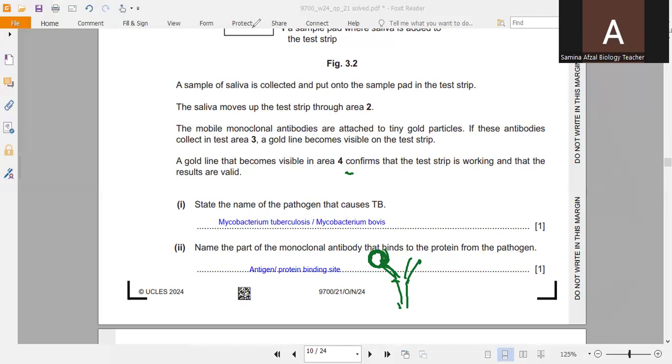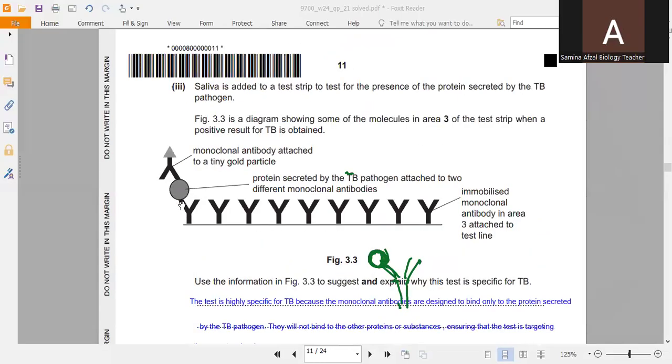So the next question is, saliva is added to a test strip to test for the presence of protein secreted by the TB pathogens. Figure 3.3 is a diagram showing some of the molecules in area 3 of the test strip when a positive result for TB is obtained.